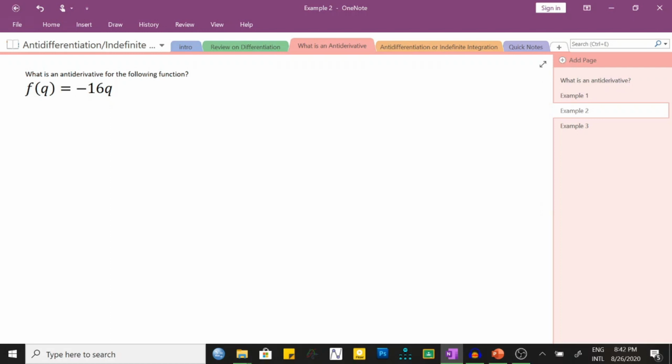Let us try negative 8q squared. Is this considered an antiderivative of negative 16q? To answer that, we need to show first. So this is yet a question mark.